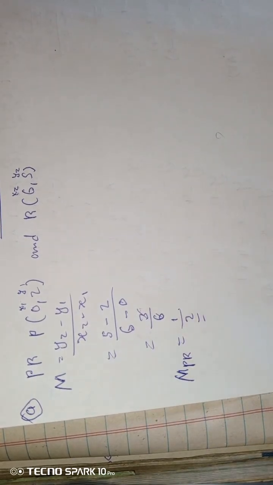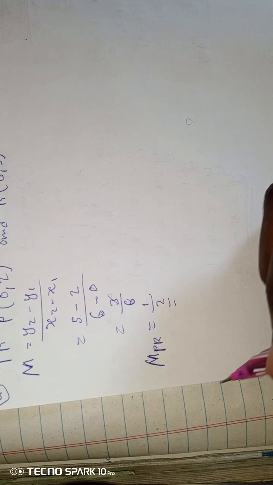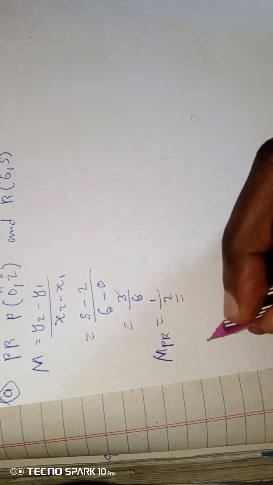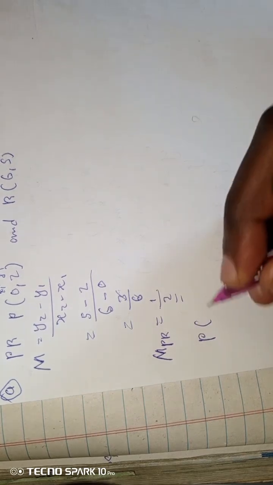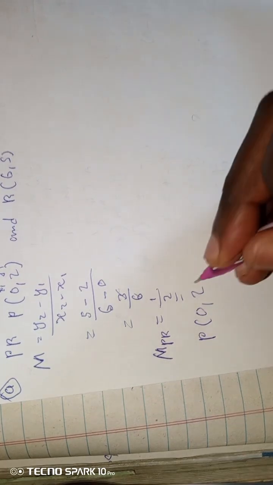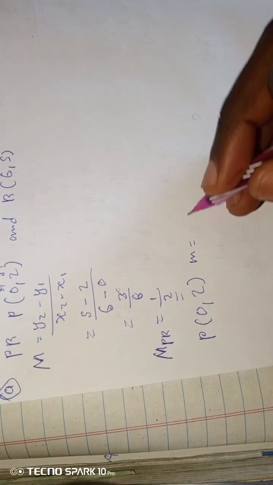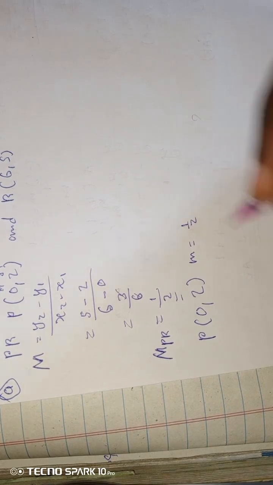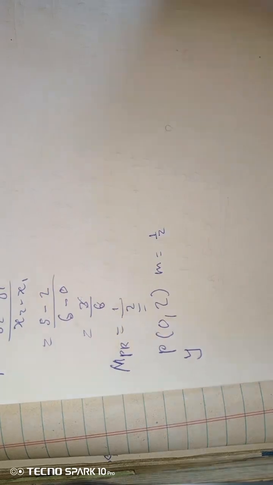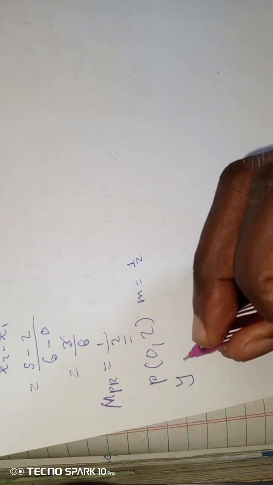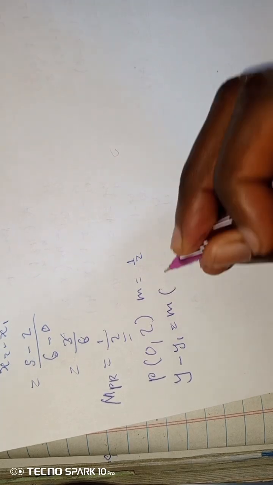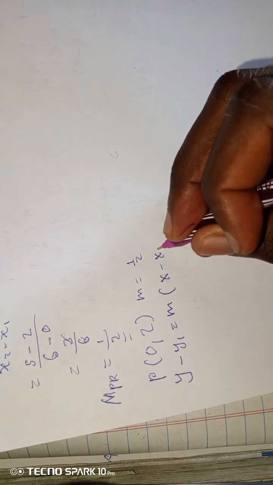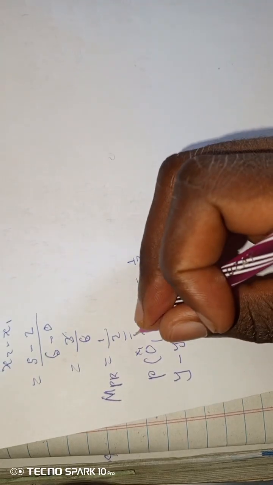From here we need to find the equation of line PR. So we'll use the coordinates for P, so P it's 0, 2, and the gradient we have, which is half. So I'll write this formula for calculating the equation, which is y minus y1 equals m open brackets x minus x1. This is my x1, this is my y1.